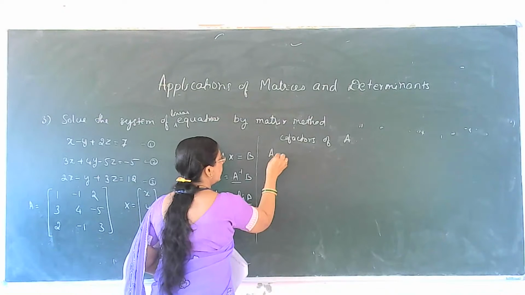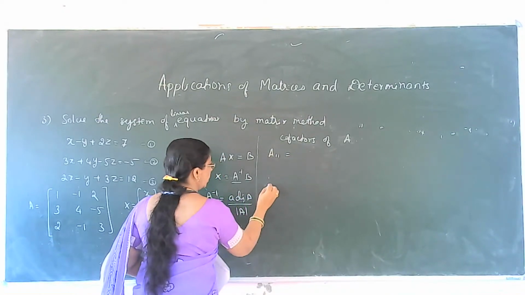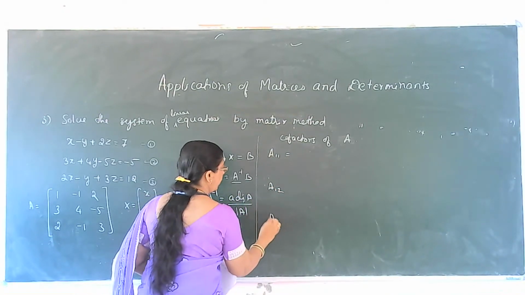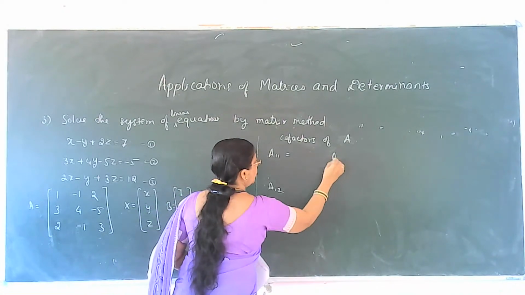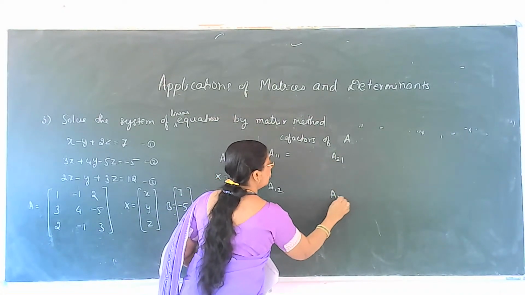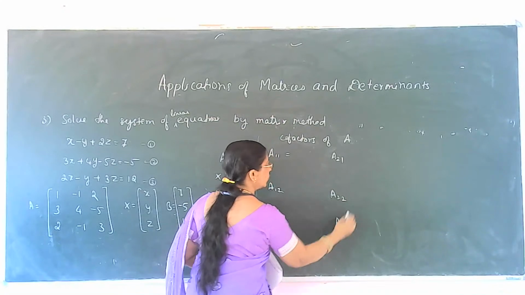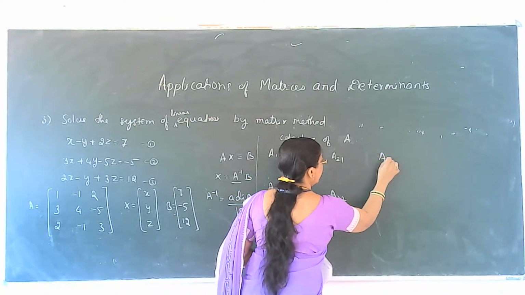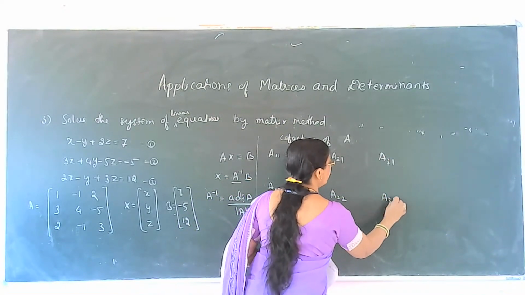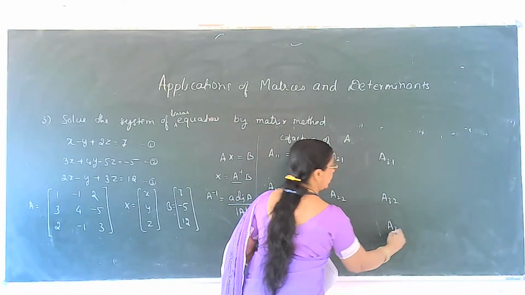Therefore, we find A11, A12, A13, then A21, A22, A23, then A31, A32, and A33.